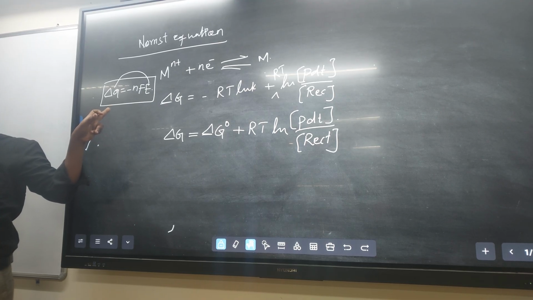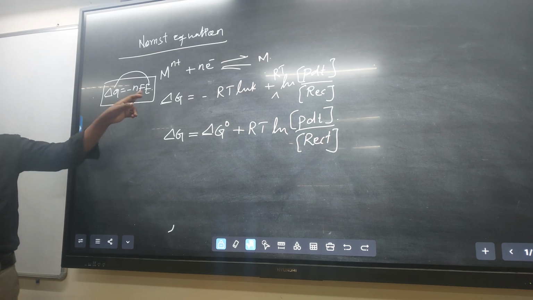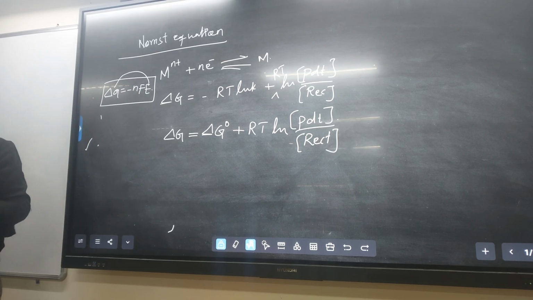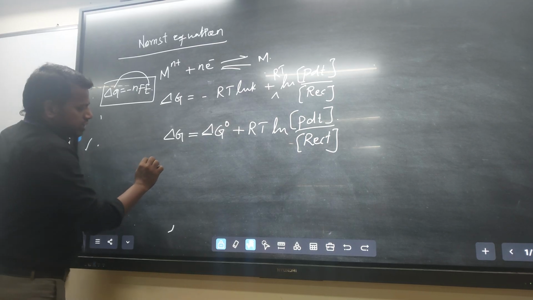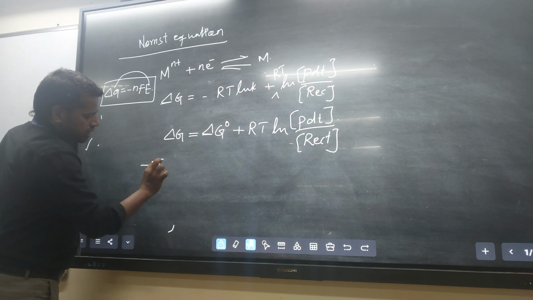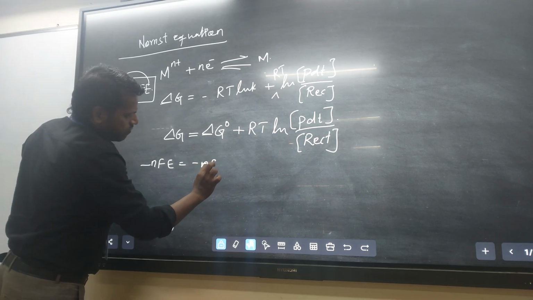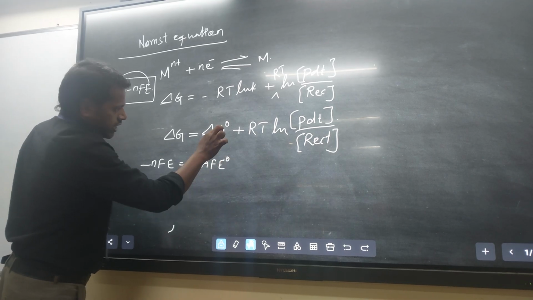Okay. So here we have to find the reduction potential. Therefore, the E is mandatory in your free energy equation. So here you substitute, instead of delta G, minus NFE, and instead of delta G naught, minus NF E naught. This is standard free energy.